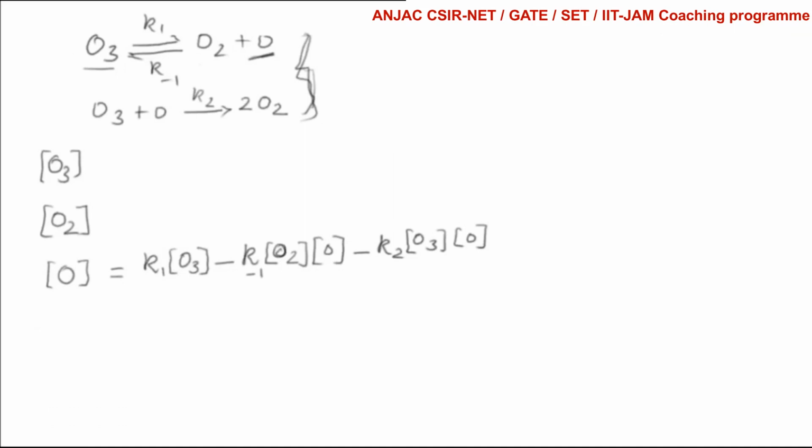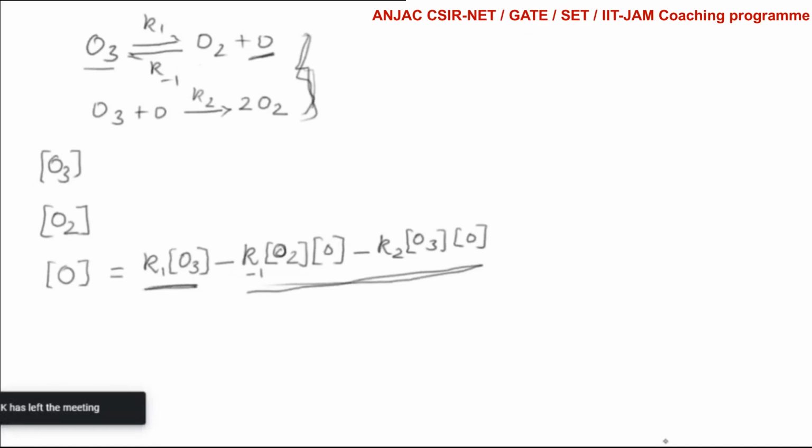The concentration of O attains the steady state. At the steady state, the rate of formation of O would be equal to the rate of consumption of O. That we call the steady state. At the steady state, the concentration of O would not be changing. It is remaining constant.